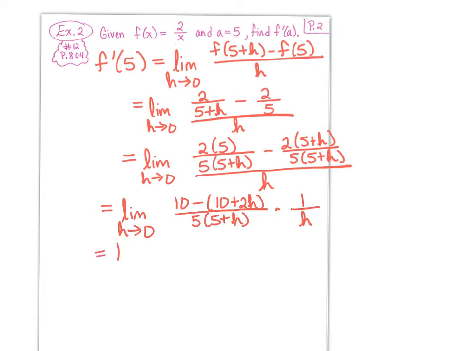That's equal to the limit as h approaches 0 of 10 minus 10 minus 2h divided by 5 times 5 plus h, all of that times h. What happens in your numerator?